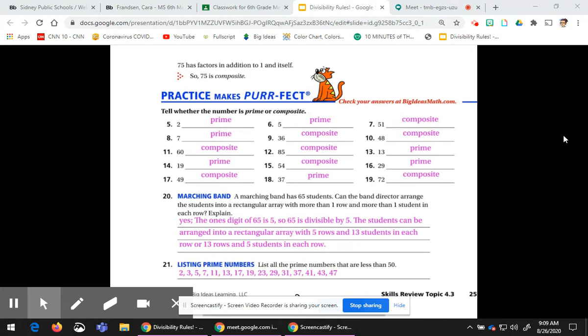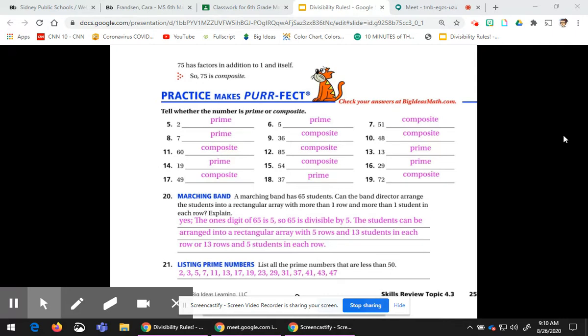The answer is indeed yes. Yes, because the ones digit of the 65 number is a 5. So 65 is divisible by 5. The students can be arranged into a rectangular array with 5 rows and 13 students in each row. Or we can make 13 rows with 5 students in each row.